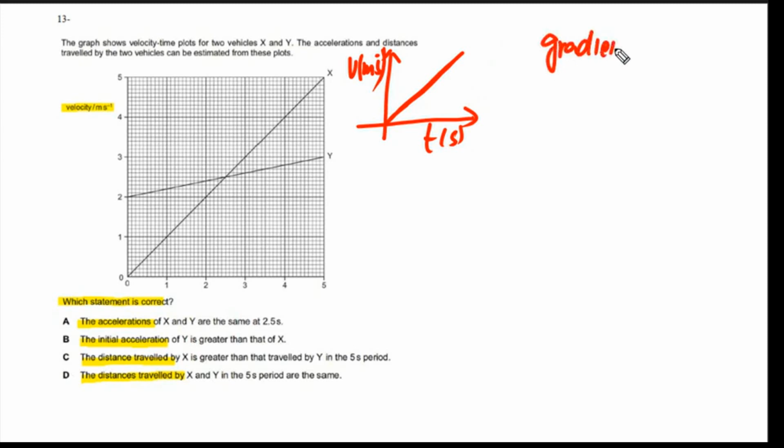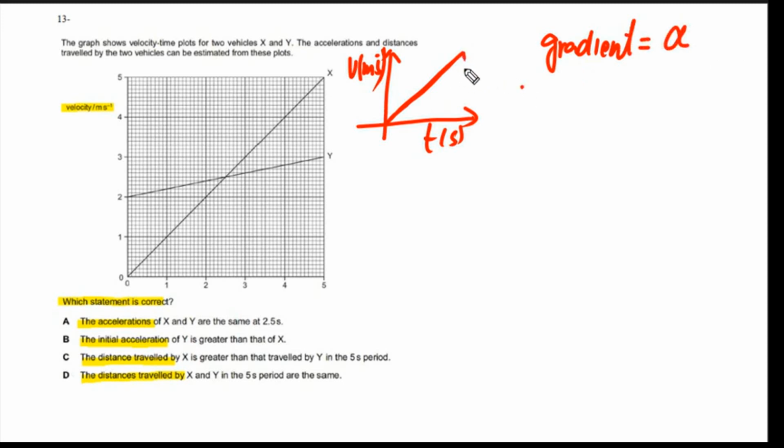So how can we answer this question? The best way is, first of all, to have a look at the velocity-time graph. Let's say we have velocity on the y-axis and time on the x-axis. If this is a line on the velocity-time graph, what is the gradient of this line? The gradient of the vt graph is equal to acceleration.